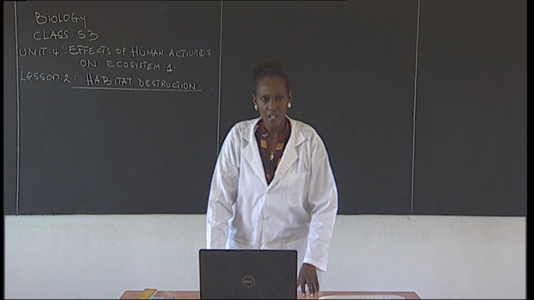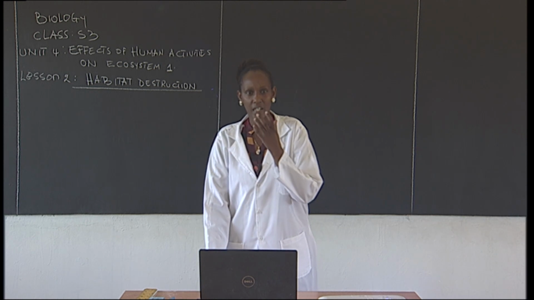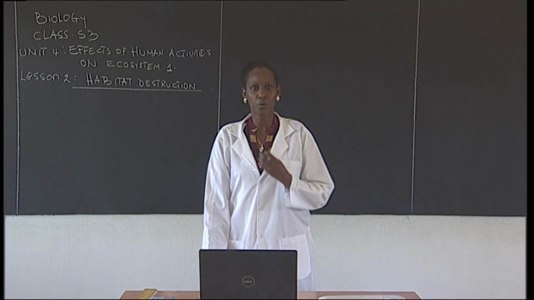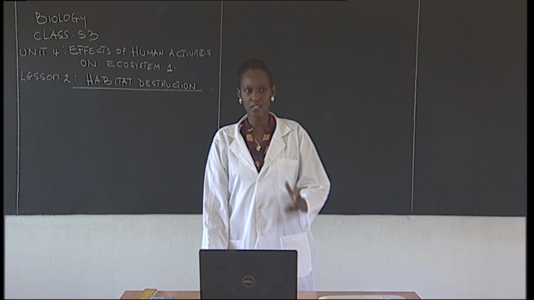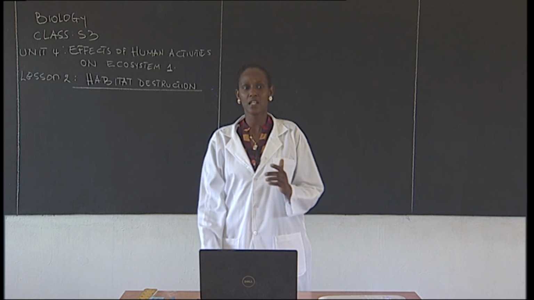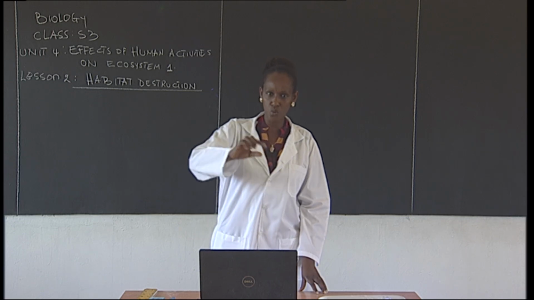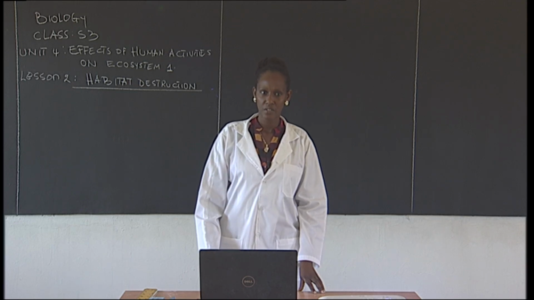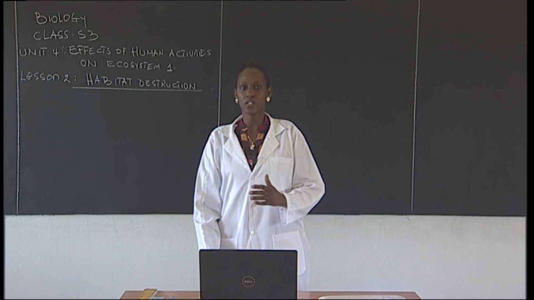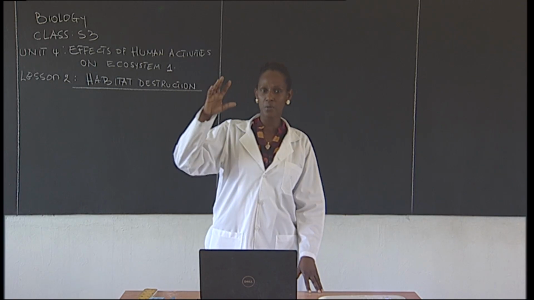Now, how does the destruction of a habitat affect or alter or change the food web and food chain? We can say when one species in a food web is removed, if we have a food web and one species is picked and removed, it has an effect on all other species, both down and up.